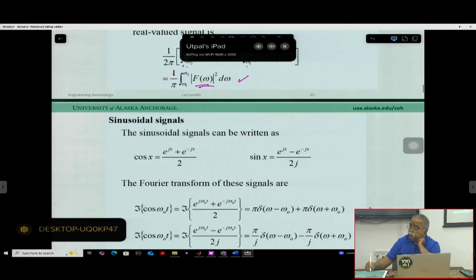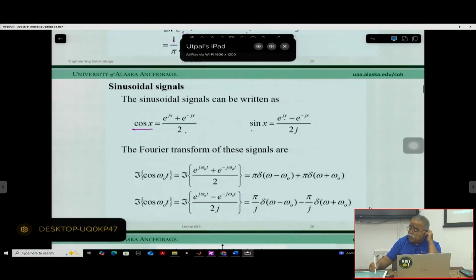So if you have a sinusoidal signal, cos x means e to the power jx plus e to the power minus jx, divided by 2, and sin x means e to the power jx minus e to the power minus jx, divided by 2j. If you take the Fourier transform of the cosine function cos ω0t, this is the plus part and this is the minus part.